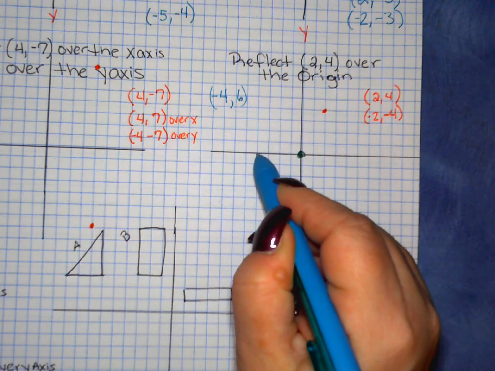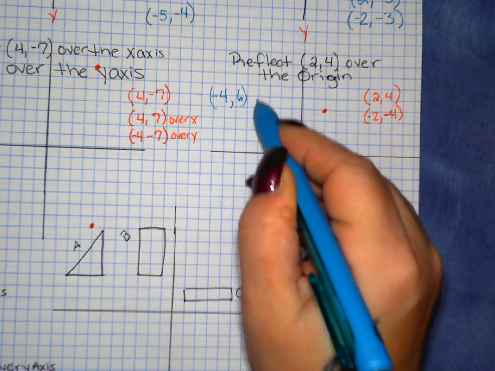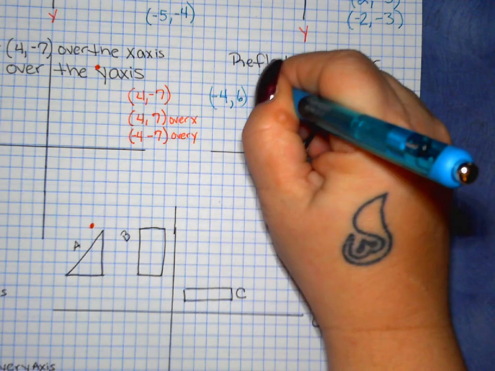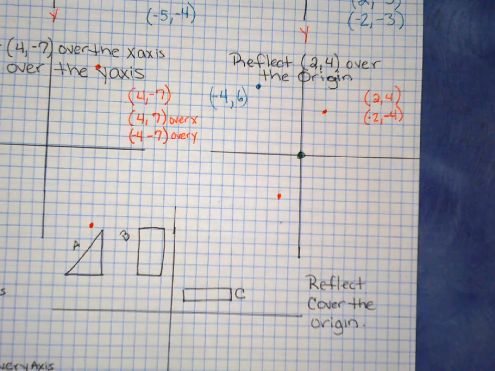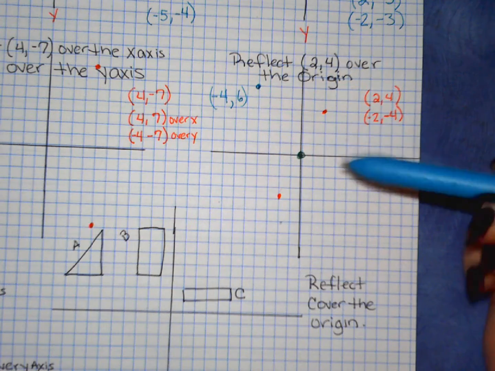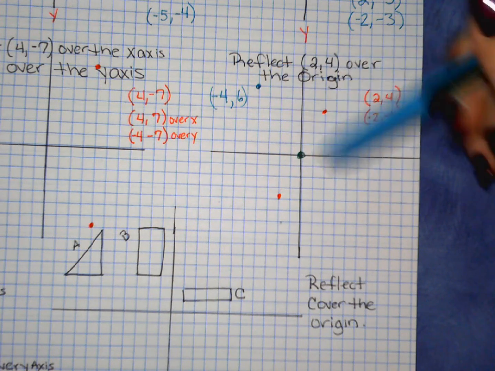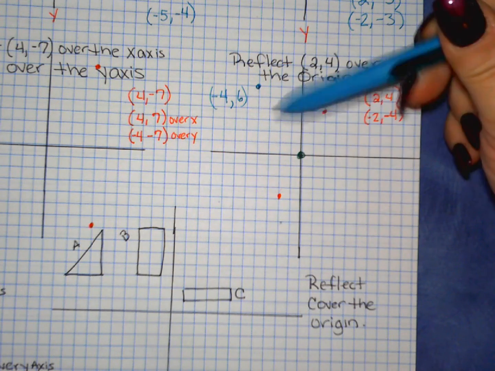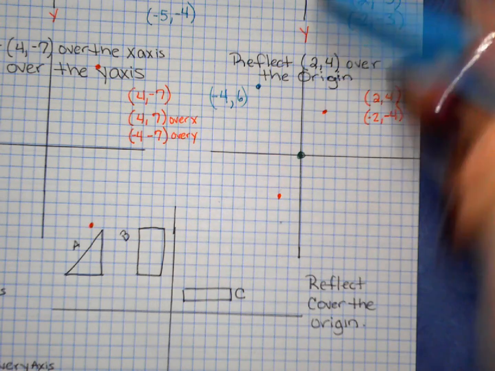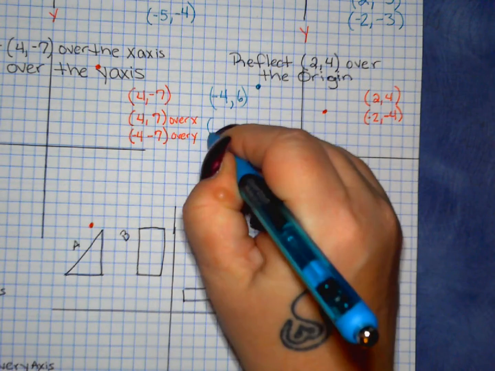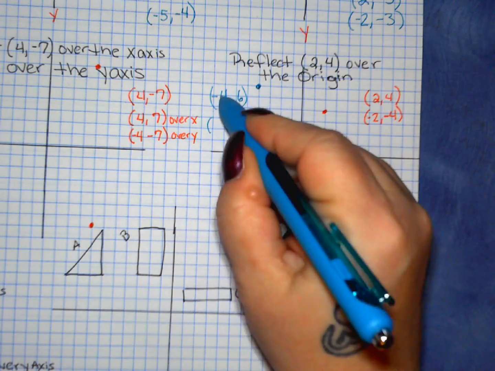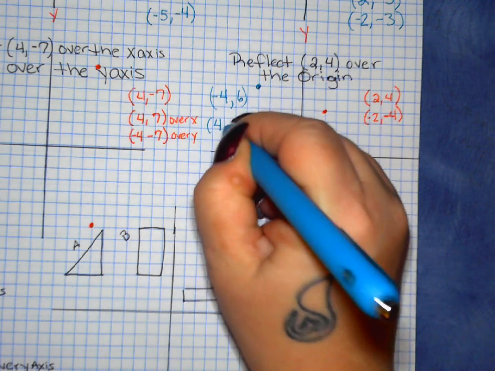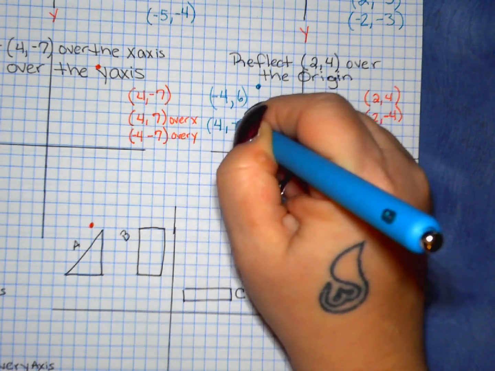That's my -4 line. And I'm going up 6: 1, 2, 3, 4, 5, 6, because that was positive. And now remember, I'm going to reflect it across the origin. So that's diagonal, and that tells me that I can change both of these to the opposite. So -4 will become 4, and 6 will become -6.